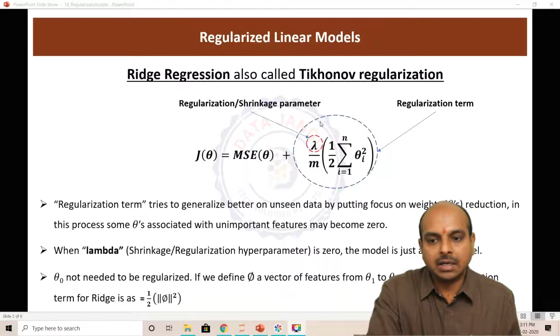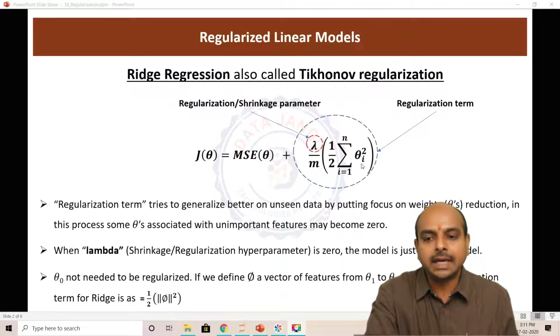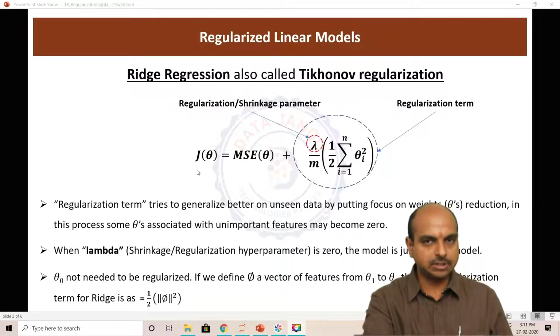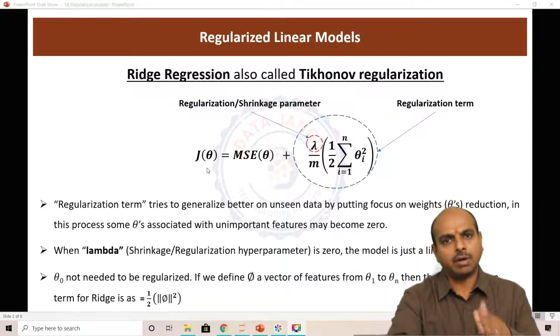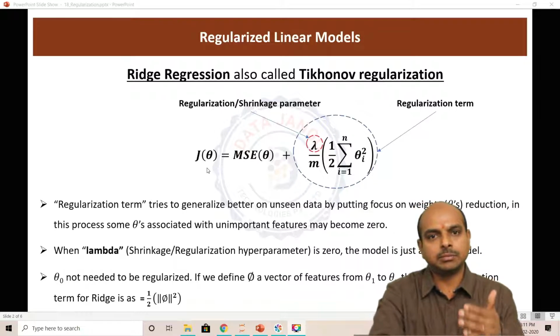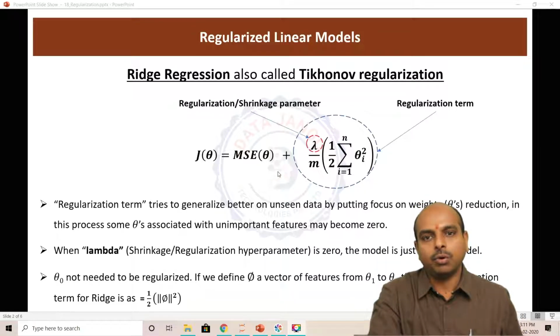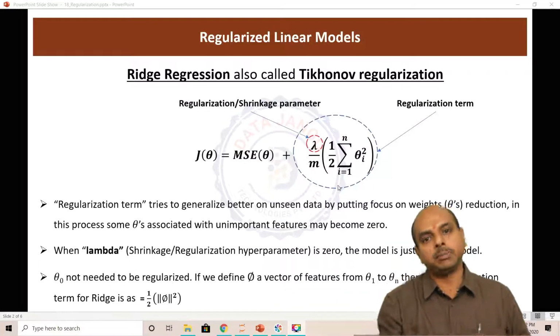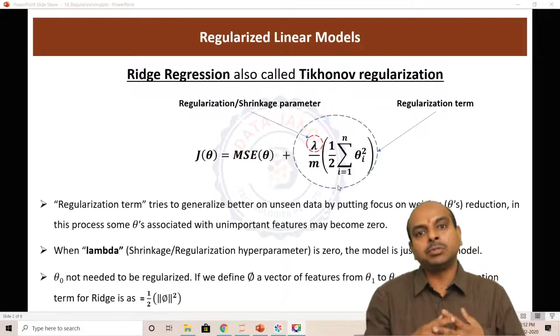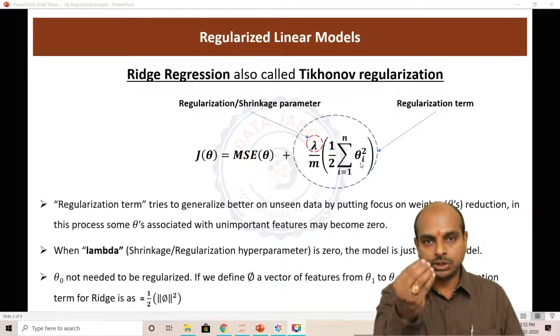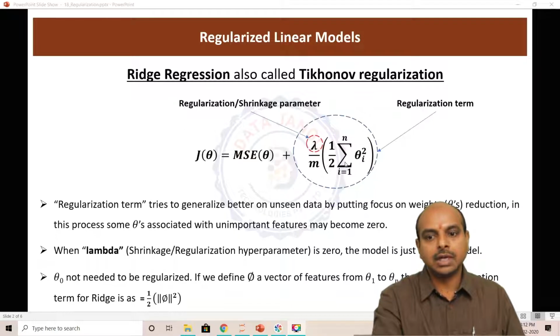So this additional term, when you add it, and that is also in terms of weightage, what the algorithm will try to do is reduce the cost. Our gradient descent algorithm's main motto is to minimize the cost. We have added additional weight here, so it will definitely try to minimize. When it is trying to minimize, it will try to minimize the thetas, to reduce thetas a little bit so that the weight reduces.